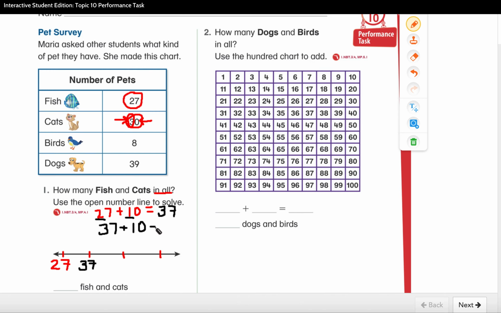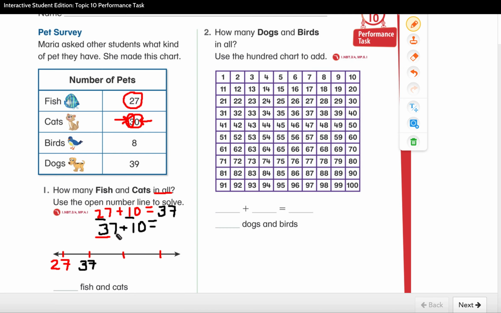So let's look here. Once again, when we're adding the 10, we are just changing the tens place. So if you need to say that out loud while you're jumping around in a circle so that you remember, we just changed the tens place when we are adding the 10. We are leaving the ones place the same.